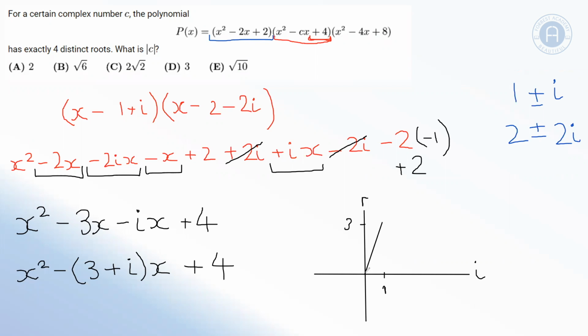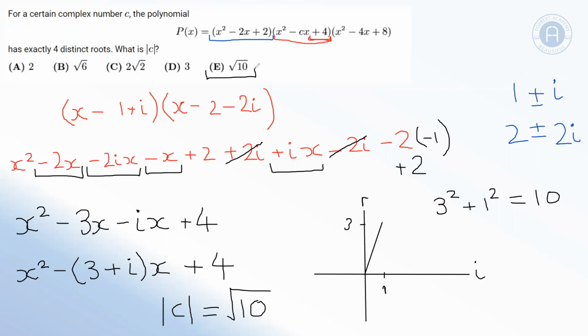So to work out its modulus, we need to use Pythagoras: 3 squared plus 1 squared. 3 squared is 9, 1 squared is 1, which is 10. So the modulus of c, or the modulus of 3 plus i, is going to be the square root of 10, which is our answer E in this question.